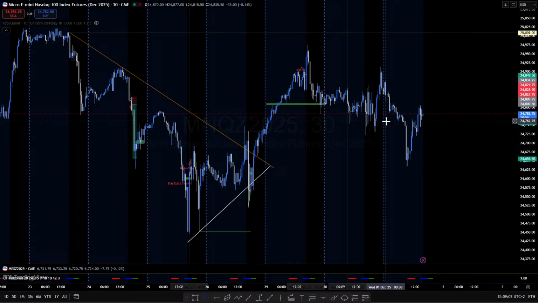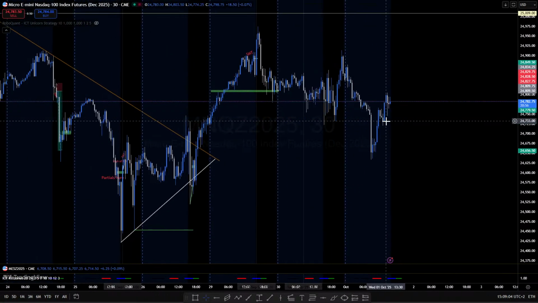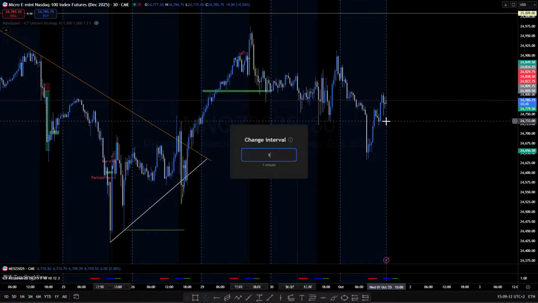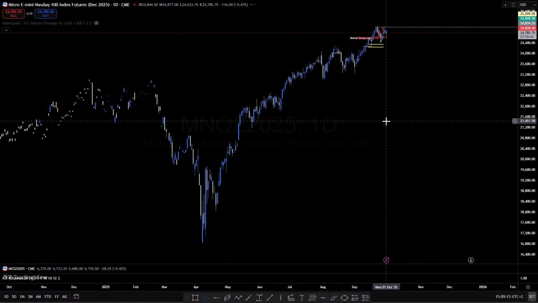Looking at Nasdaq, on MNQ, this is how it looks. Let's take a look at the 1 day.